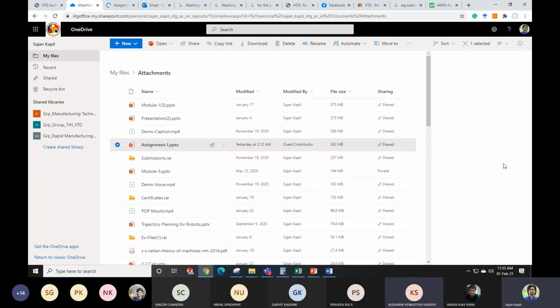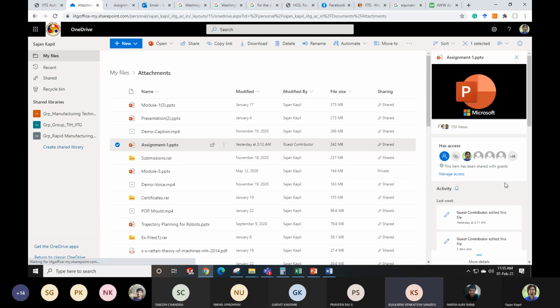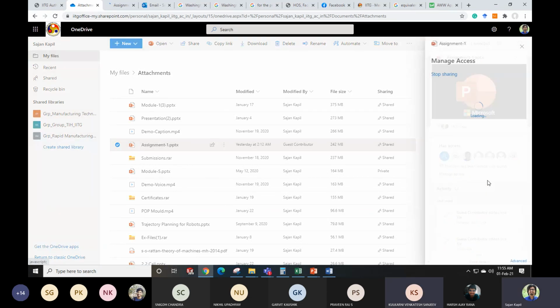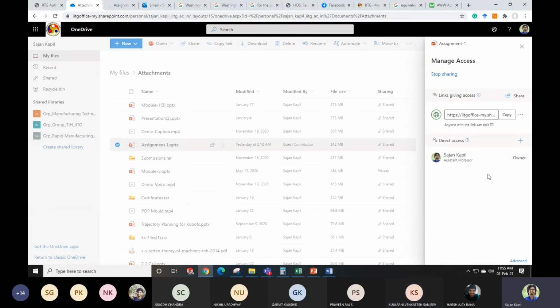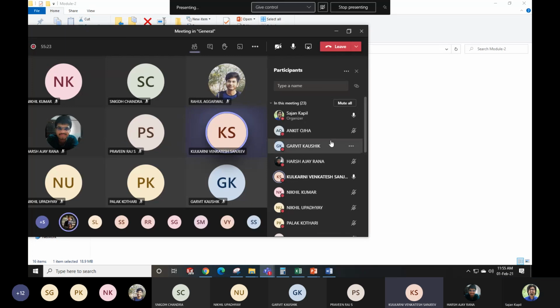Okay, so you want me to see its accessibility? Yes, sir, please. Manage access. So anyone with the link can access it. Expired on, and you see that it will get expired on 26th April. What to do, Kulkarni?